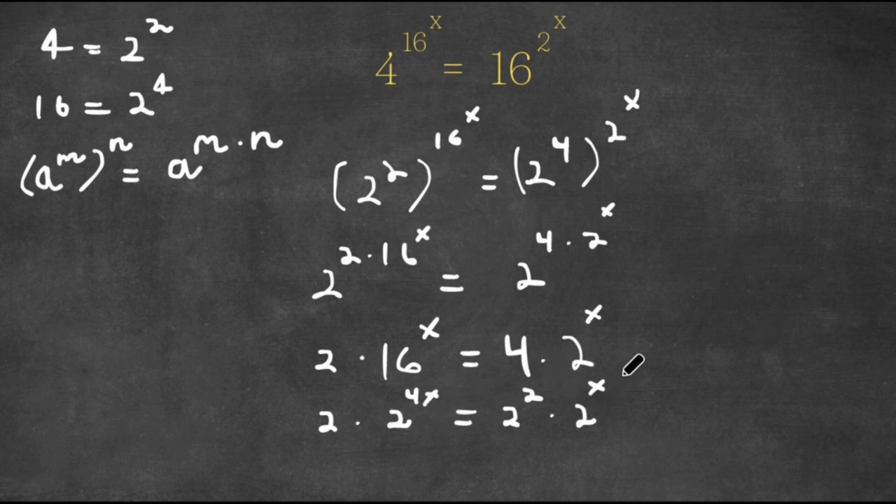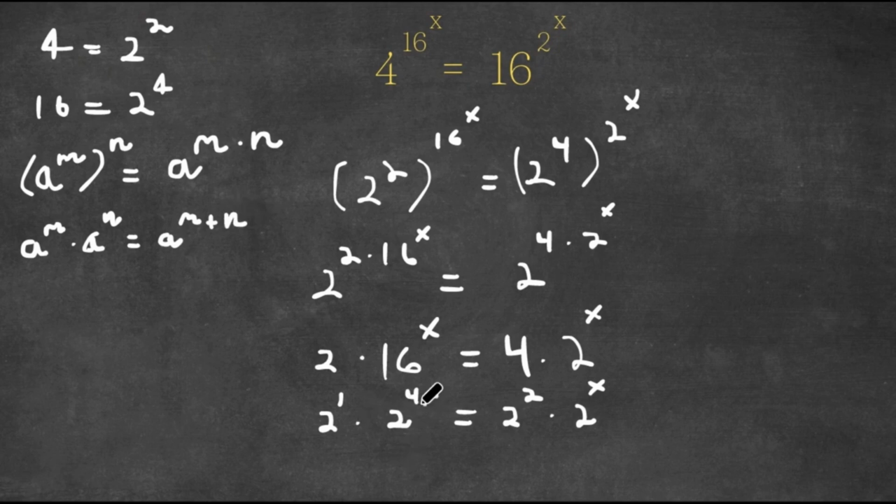Now, 2 is the same thing as 2 to the power of 1. So now if we're multiplying exponents, let's say we have a to the power of m times a to the power of n, this is equal to a to the power of m plus n.